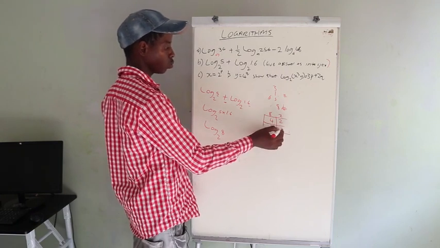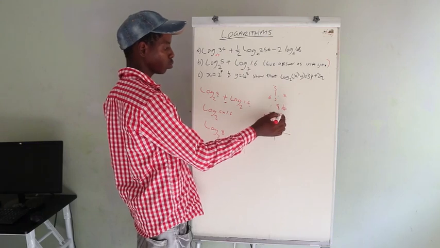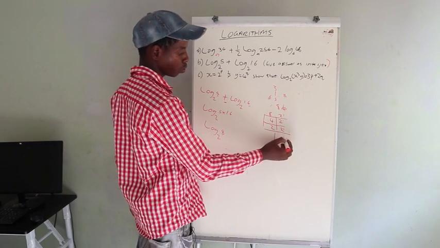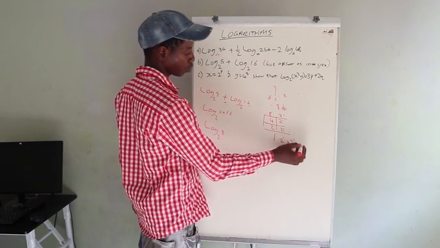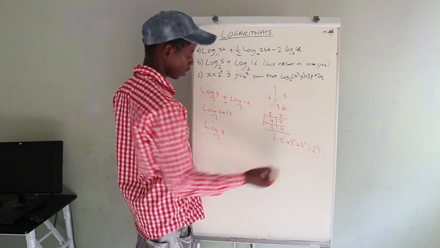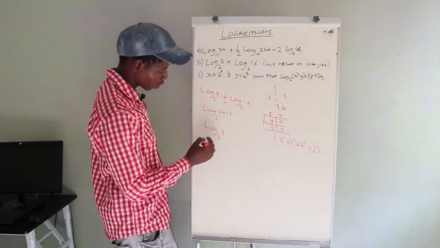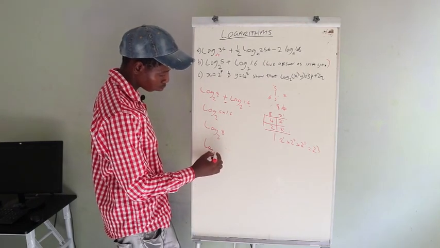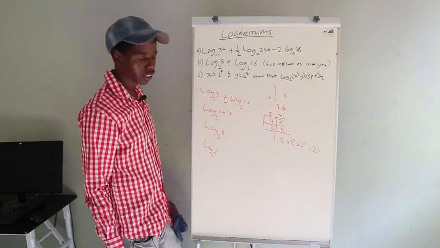So we have 2 times 2 times 2, which is the same as 2 to the power 1 times 2 to the power 1 times 2 to the power 1, that is 2 to the power 3. So we come here and say log 2, now we write 8 as 2 to the power 3.